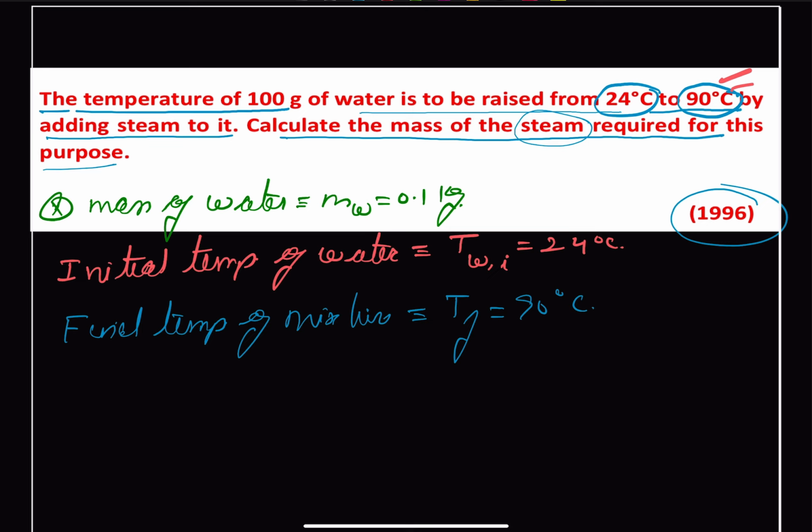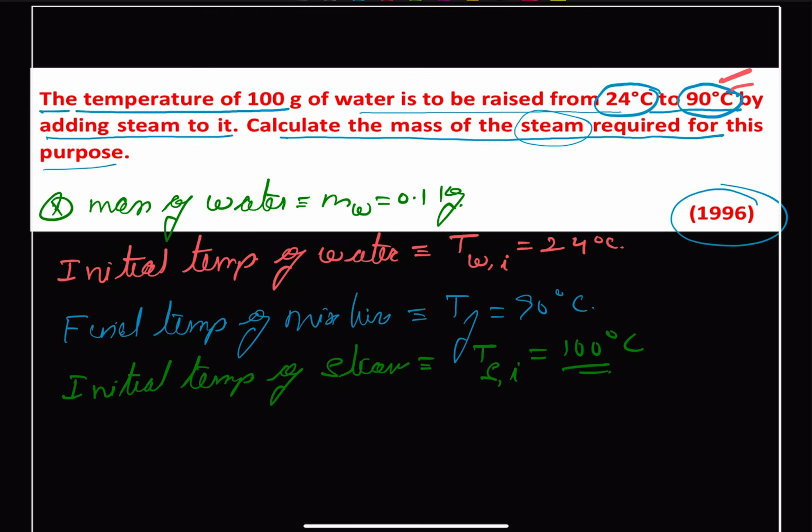So we can say that the initial temperature of steam, let us call this TS, is 100 degree centigrade. And first of all, let's try to find out what will be the heat required by the water without the phase change.